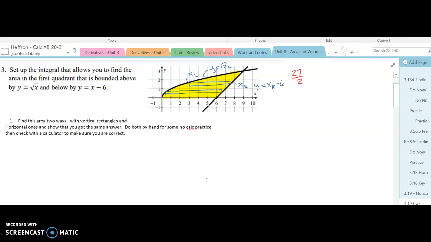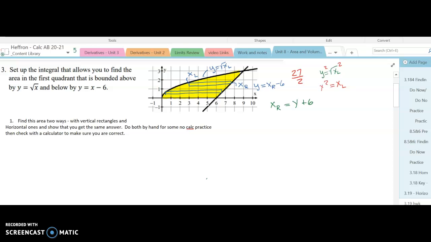So I'm going to take each of these equations and solve them for x. So we have x on the right equals y plus 6. I added 6 to both sides. And this other one we have y equals square root of x on the left. We'll square both sides. X on the left equals y squared.